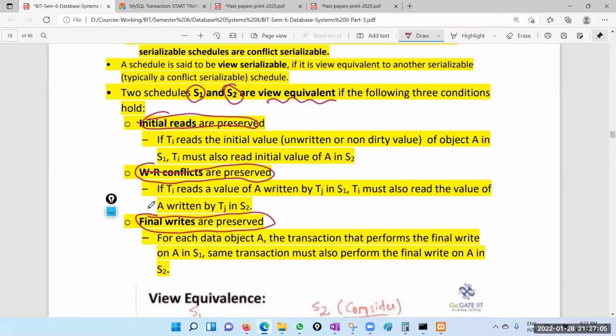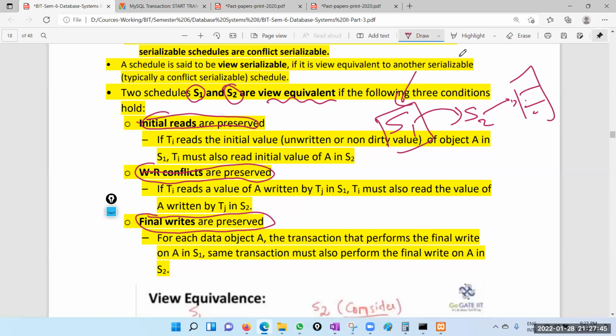And if one is serializable, the other one is also serializable. Suppose schedule 2 is conflict serializable to a serial schedule, but schedule 1 is not conflict serializable. But if S1 is view equivalent to S2, then S1 is also serializable.